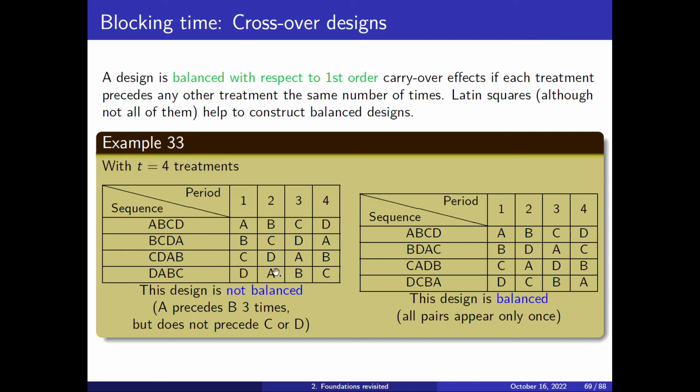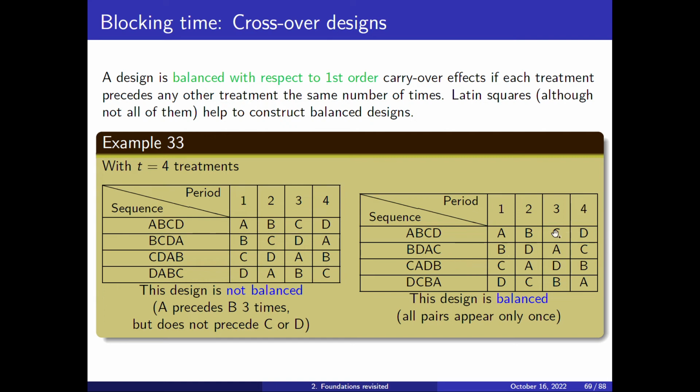So we design the Latin square, and this Latin square is giving us the sequences. So this is sequence ABCD, BCDA, and so on. But this design is not balanced. For instance, A goes before B in 3 of the occasions, so it is once here, twice, 3 times, but it does not precede C or D. So A just before C doesn't happen.